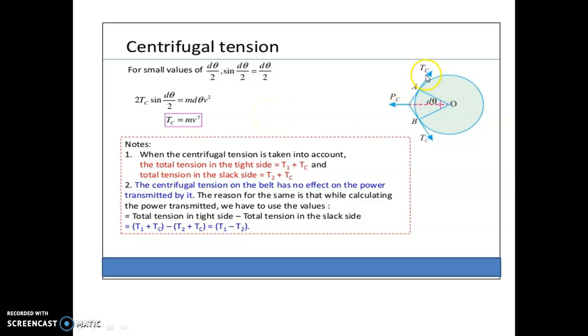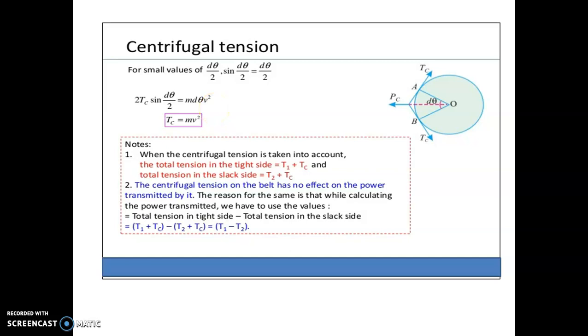So, 2 Tc sin(dθ/2) is equal to force, which is mass into centripetal acceleration. Mass is m into r into dθ, and centripetal acceleration is v² upon r.